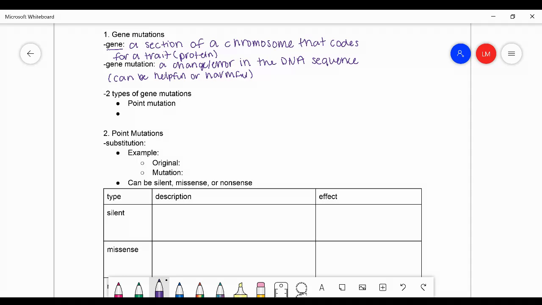So a harmful mutation, when we think about excess UV radiation or being out in the sun without sunscreen on, that causes an error that can eventually lead to tumor formation or something like that, that would be an example of a harmful mutation. But sometimes they are good mutations that end up helping that organism be able to survive.